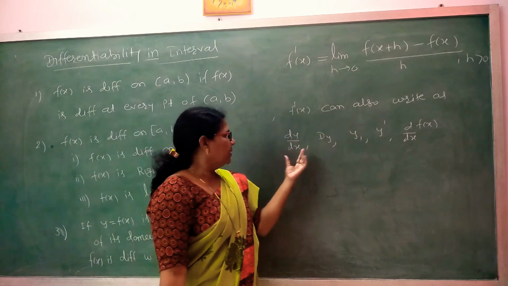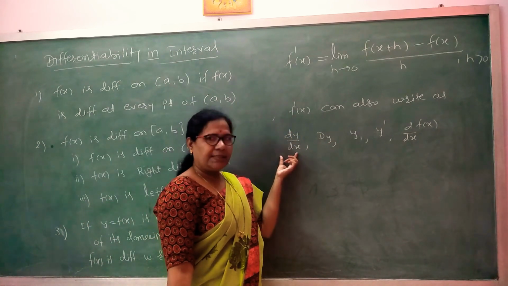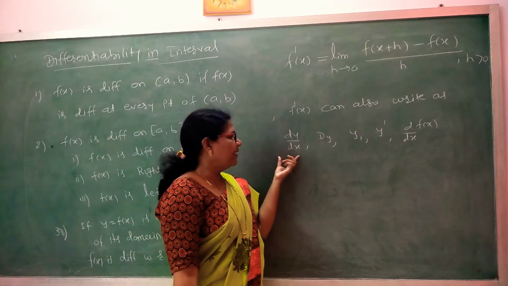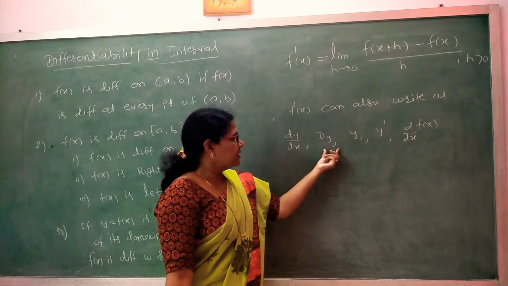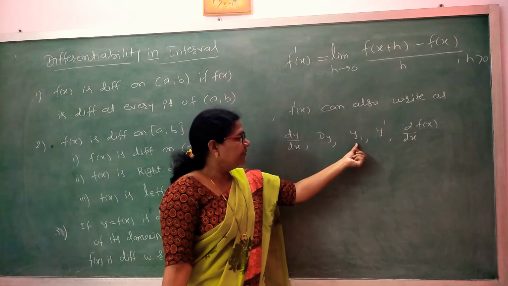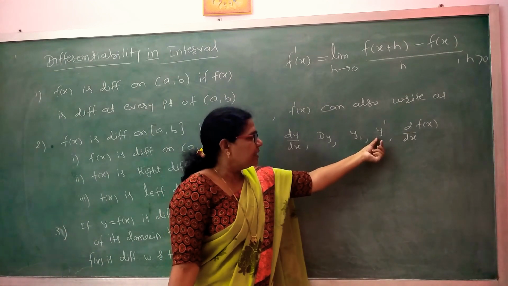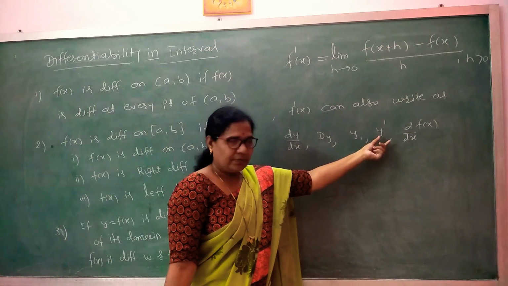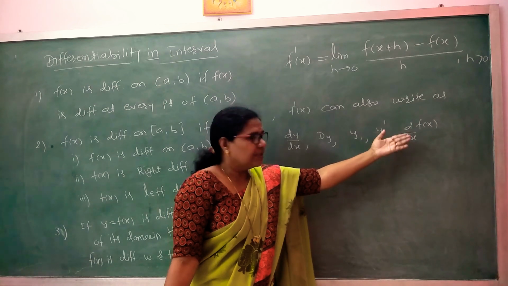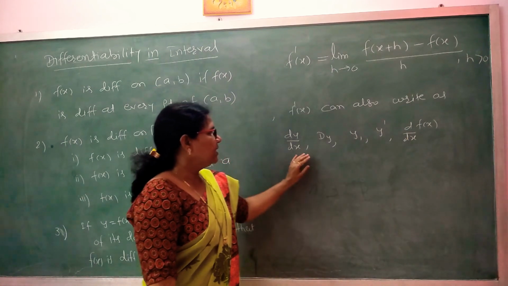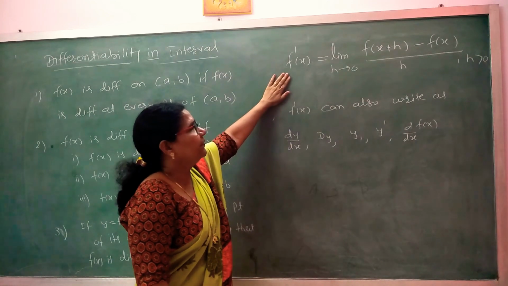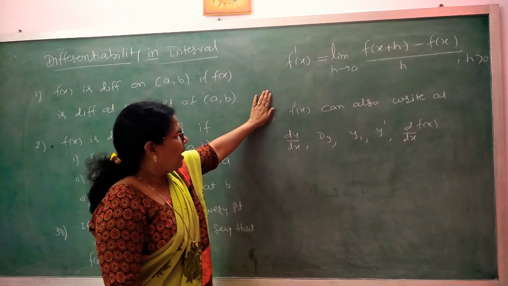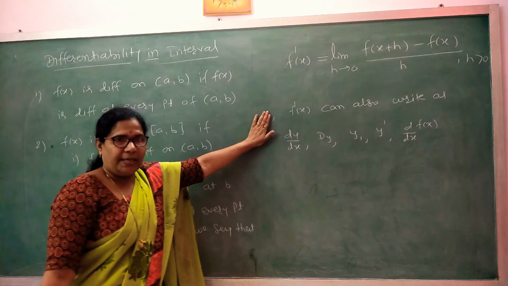In some books, all the derivatives are written by this notation dy by dx, but in some books, notations are replaced by y1, or y dash, or d by dx of f of x. These are the notations to define the derivative of a function with respect to x.